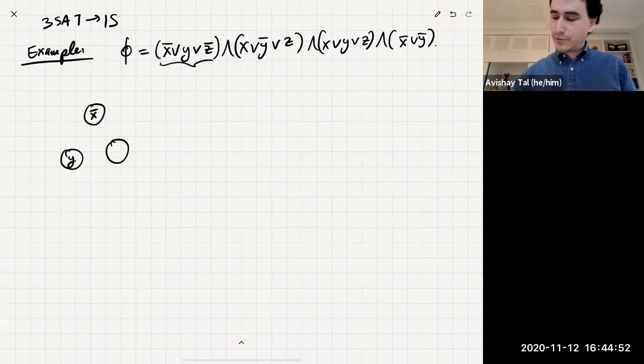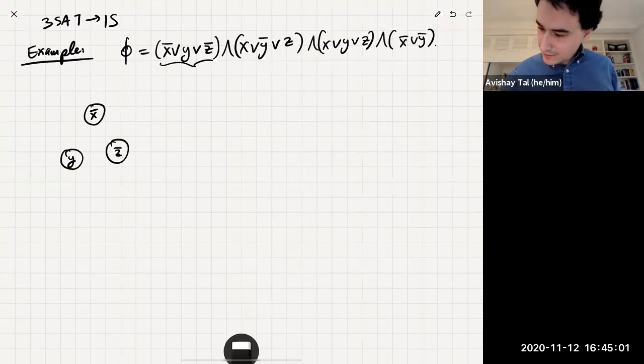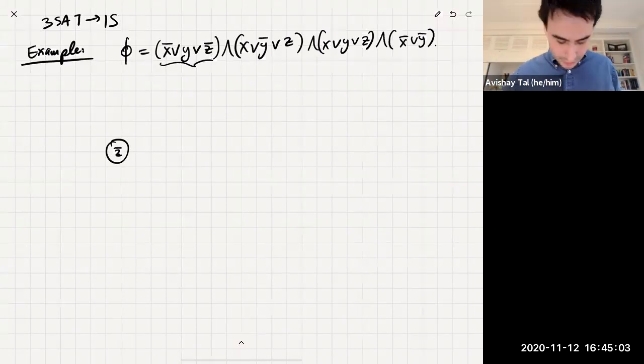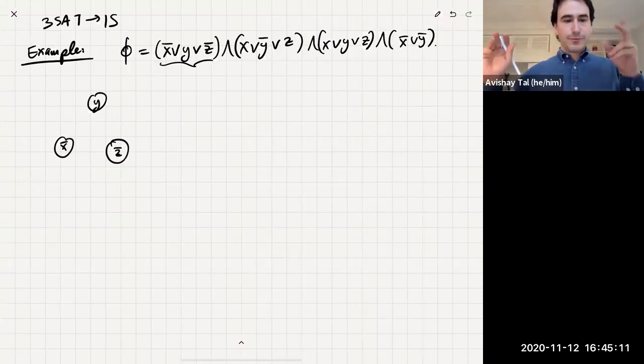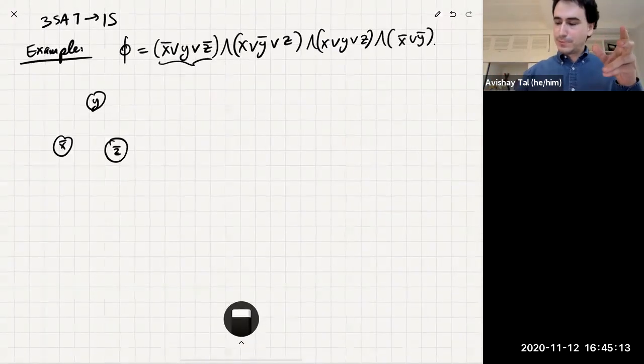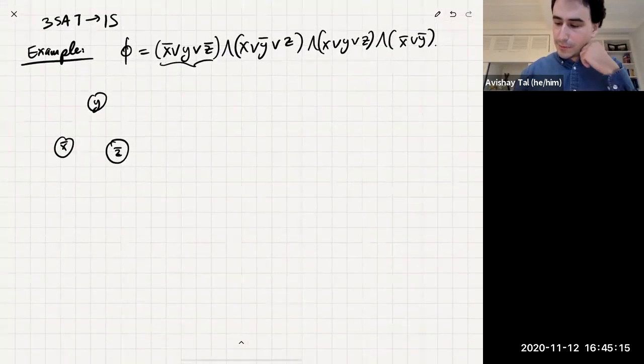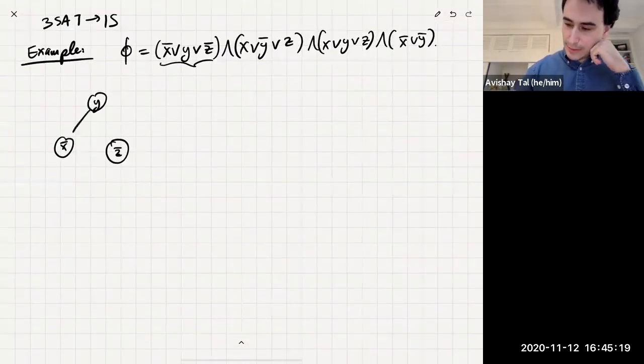So we'll introduce 3 nodes and we're going to label them. Okay, so I'm introducing three vertices per clause, and then I'm connecting all these 3 vertices with edges.